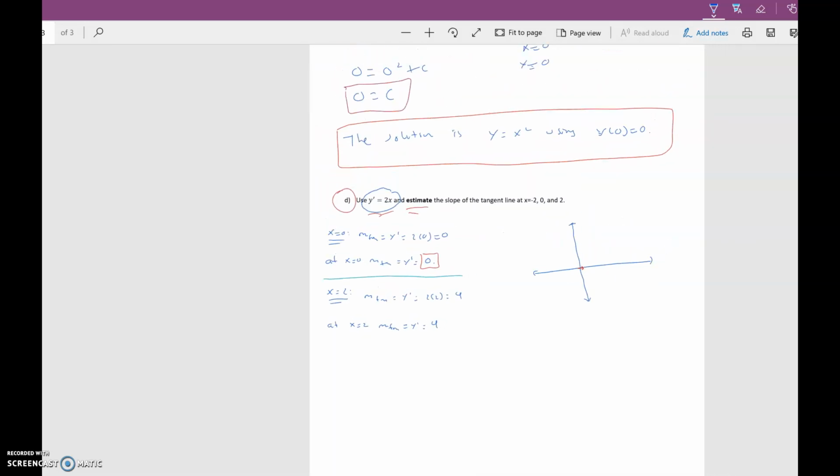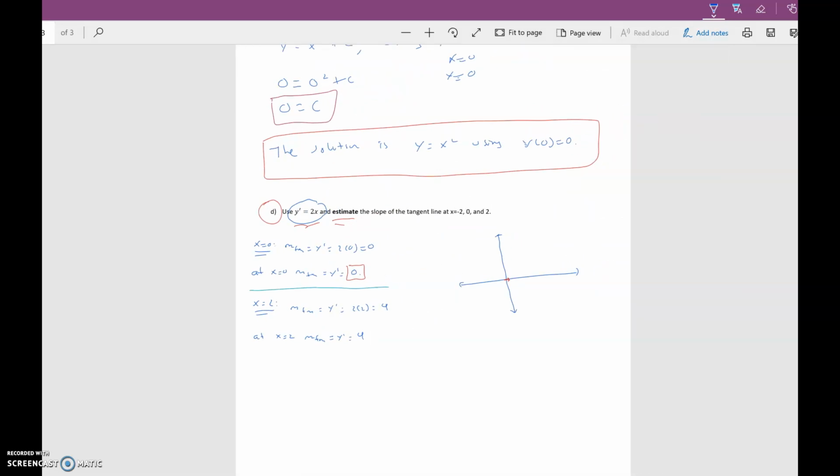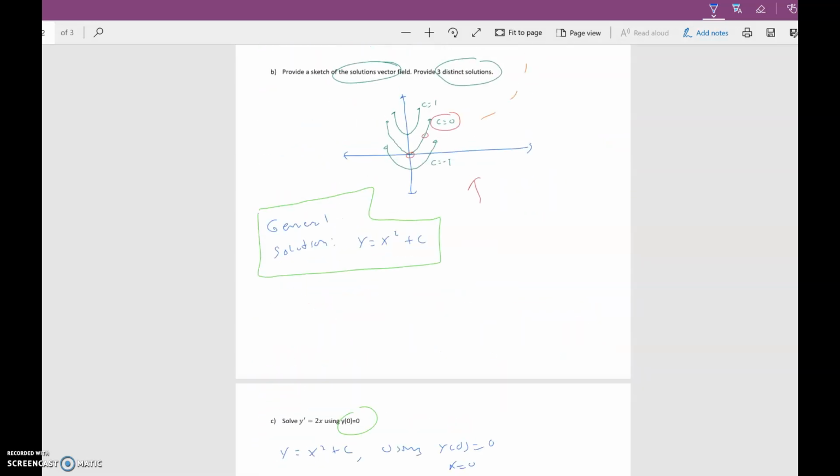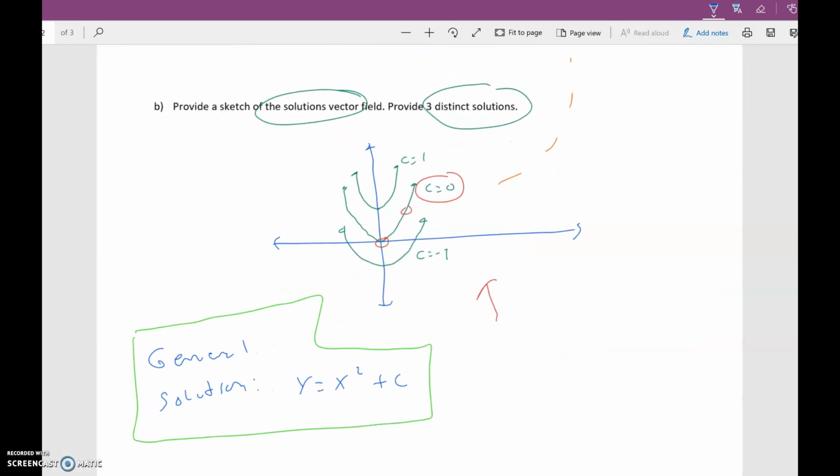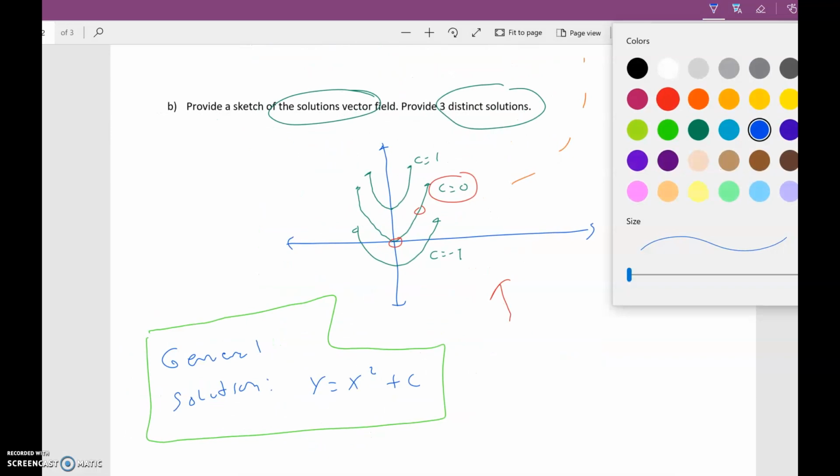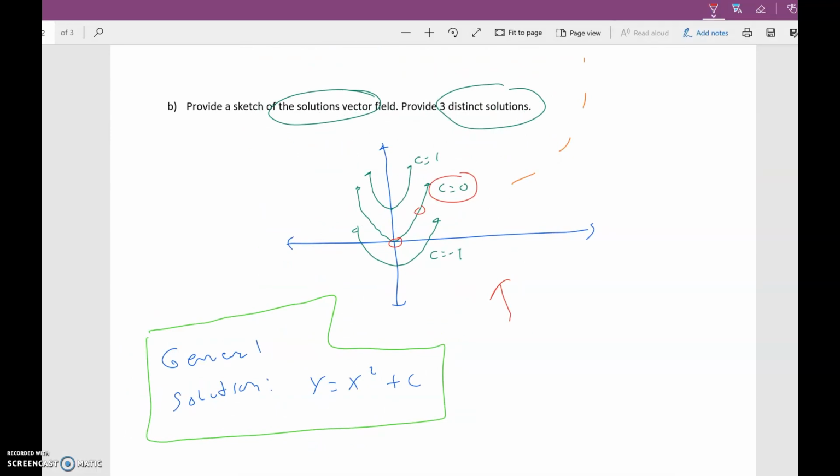Now, on some of these, you need the coordinate point that it's passing through. But what we found here, without going into the y's, is, so this is 1, this is 2, it's the m tangent here. So m tangent at x is equal to 2, we found that y prime is equal to 4.